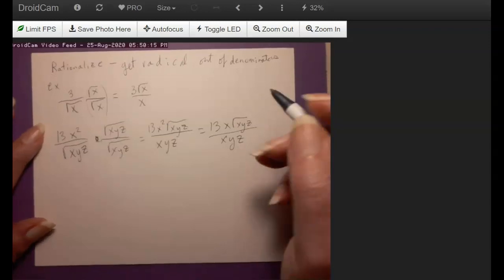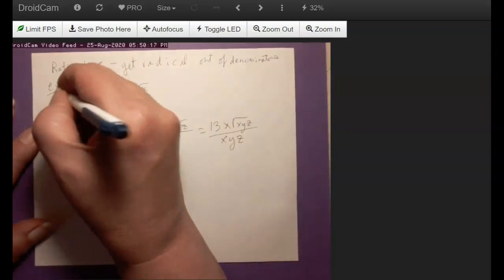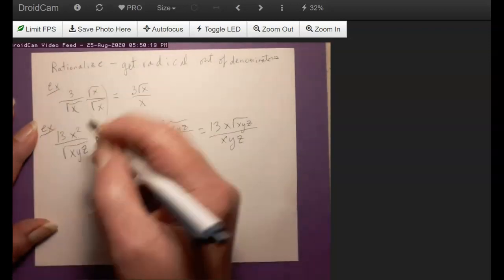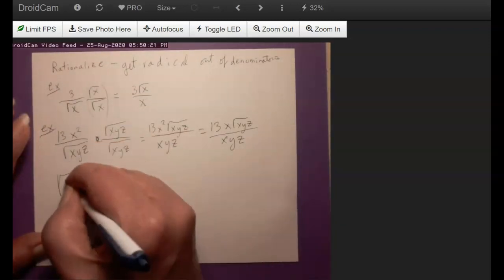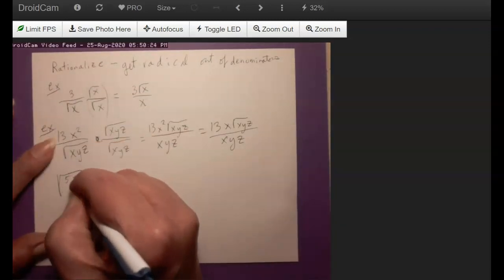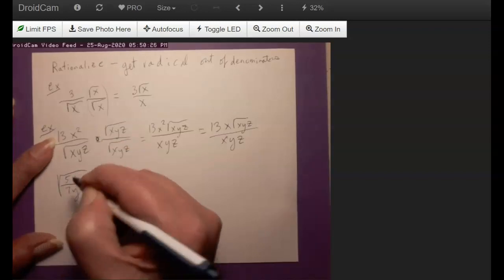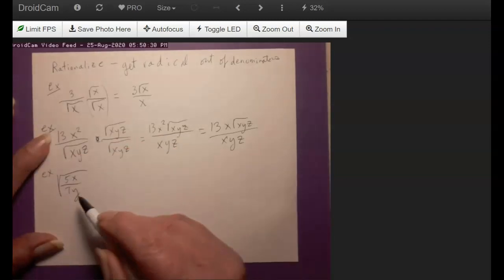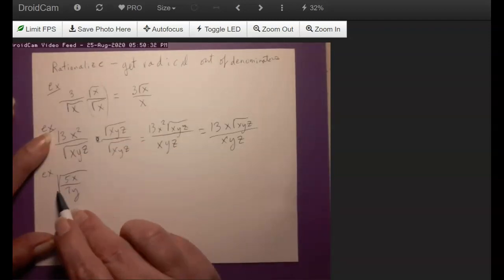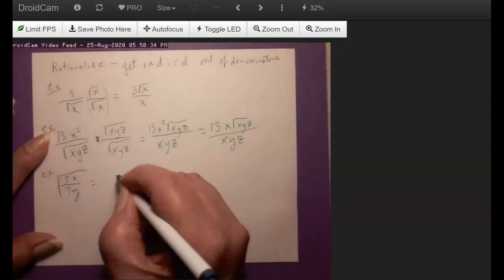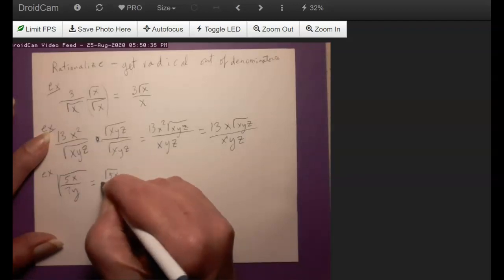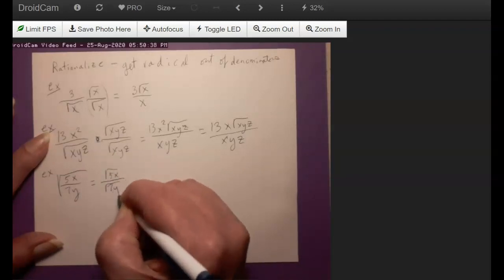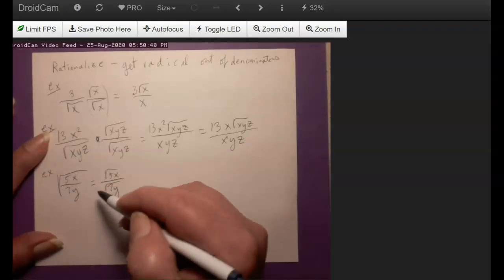You could also have a problem where everything is under one radical. So if I had something like the square root of 5x over 7y, and I wanted to rationalize the denominator here, then I'm just going to multiply by enough to get rid of the radical in the denominator. This actually means the square root of 5x over the square root of 7y. And of course, you want to see if you could reduce in here, but I couldn't have.